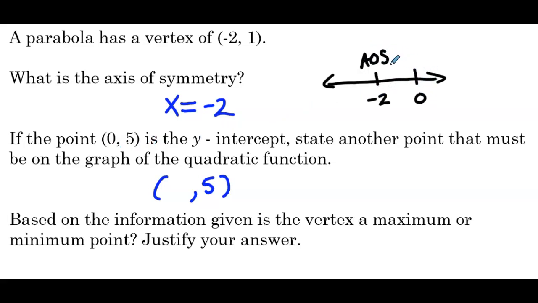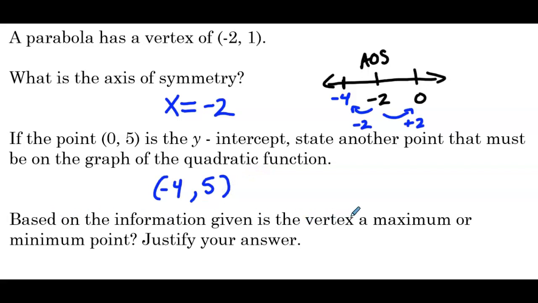This is the axis of symmetry. So I need to find a point on the other side of the axis of symmetry that's the same distance away. So that's plus 2. So then I need to subtract 2 from the axis of symmetry, and we would get negative 4. So the point that's symmetric to (0, 5) is (-4, 5). Right? It's all about those distances to the axis of symmetry.